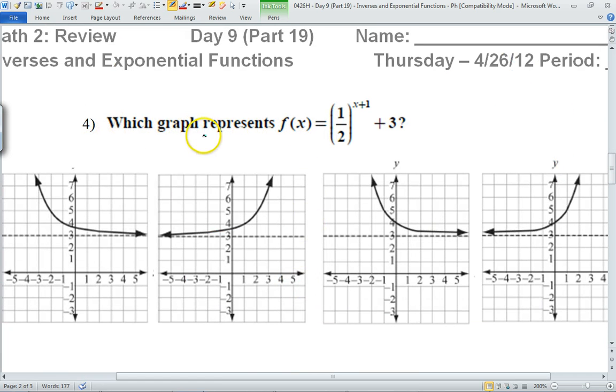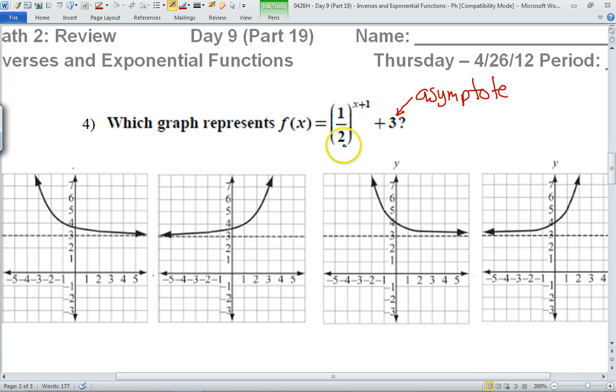Okay, number 4. Which graph represents this function? Now, I usually start with this number on the end because that tells us what the asymptote should be. Okay, the asymptote should be a horizontal line at 3. Well, that does not help me choose between these 4 graphs since they all have an asymptote at 3.